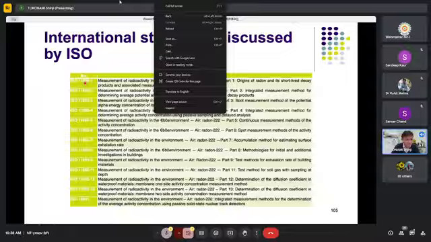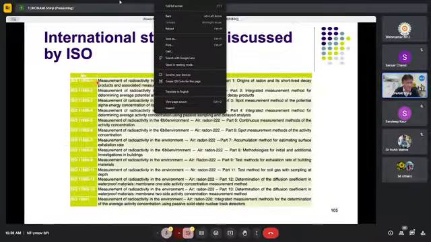ISO 11665 Part 1, measurement of radioactivity in the environment, air radon 222, Part 1, origins of radon and its short-lived decay products and associated measurement method. It sets general principles. Part 2, integrated measurement method for determining average potential alpha energy concentration of its short-lived decay products.